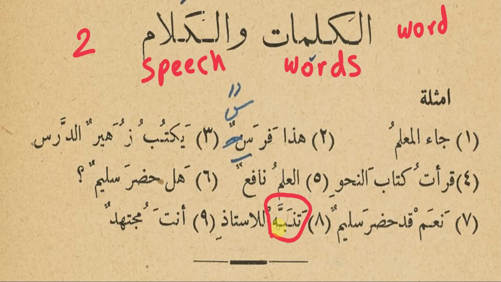So this is an important point: if you say it's 2 words minimum for a speech or a useful sentence, in reality we sometimes only pronounce 1 word, but we understand the rest through other means. Like if I'm standing in front of this, here it says هذا فرس, this is a mare. Here they had a typo there, they fixed it here, whoever had this book. So هذا فرس, this is a mare.